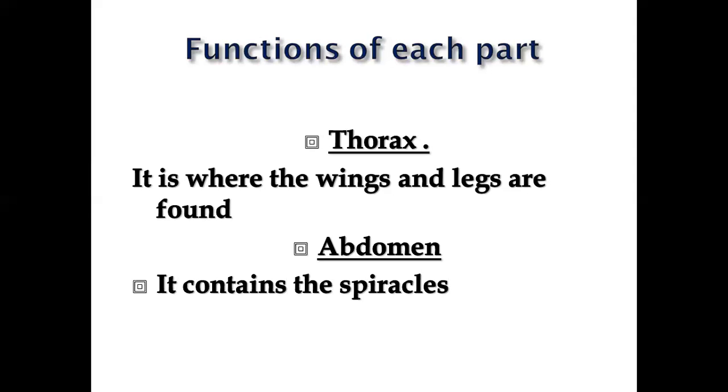So in brief, if you immerse an insect in a container having water and you dip the abdomen into that water, that insect will surely die. The reason is you will have blocked the breathing tubes, in brackets spiracles, that insect uses for breathing.